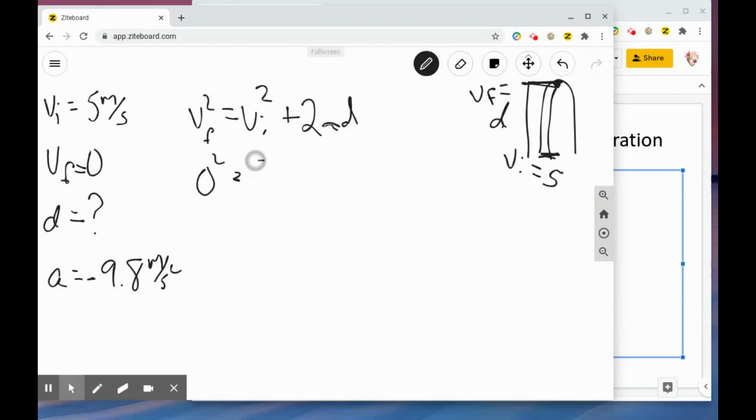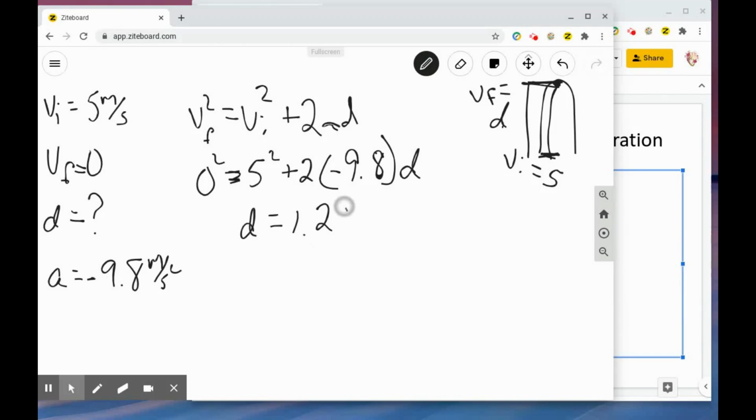And our VI is 5 plus 2. A is negative 9.8. And we're solving for D. So when we solve for D, we end up getting 1.28 meters.